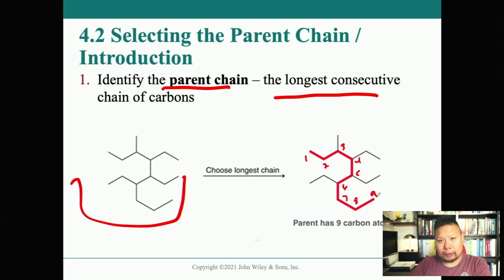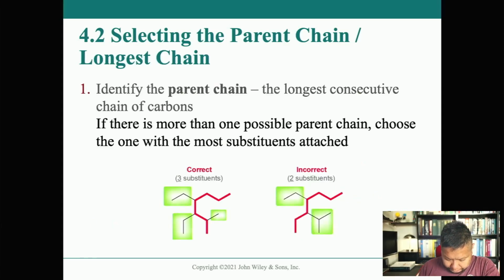If you were to try to get a long chain by tracing any other route on those carbons, you'd have less than 9. So 9 carbons is the parent chain. The parent chain gives you the name of the actual molecule itself. If there's more than one possible parent chain, choose the one with the most substituents attached.